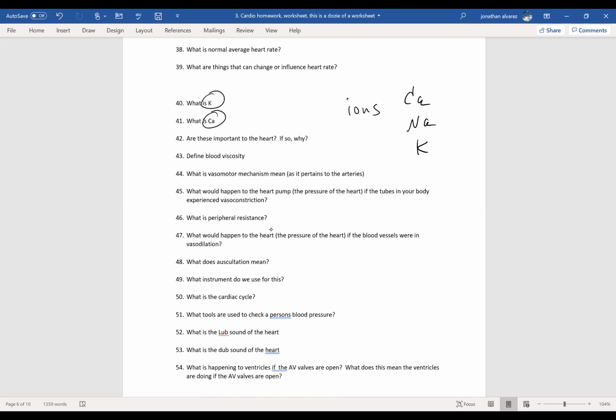Okay, viscosity is how thick or thin a fluid is. Distilled water has a viscosity of 1.0. Blood has a viscosity of about 3 to 4. So you don't want blood to be too thick.